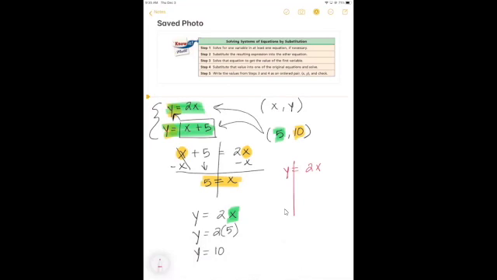So if y is 10 and x is 5, 10 equals 5 times 2, which is 10. So that one checks out. The second one is y equals x plus 5. Y is 10, x is 5, 5 plus 5 does equal 10. So that one checks out as well.